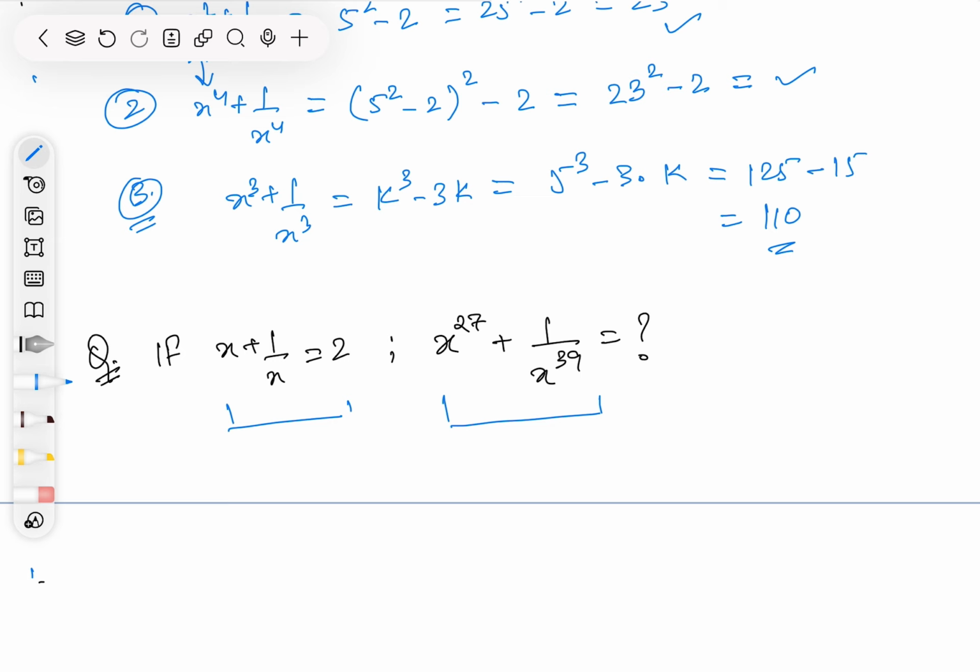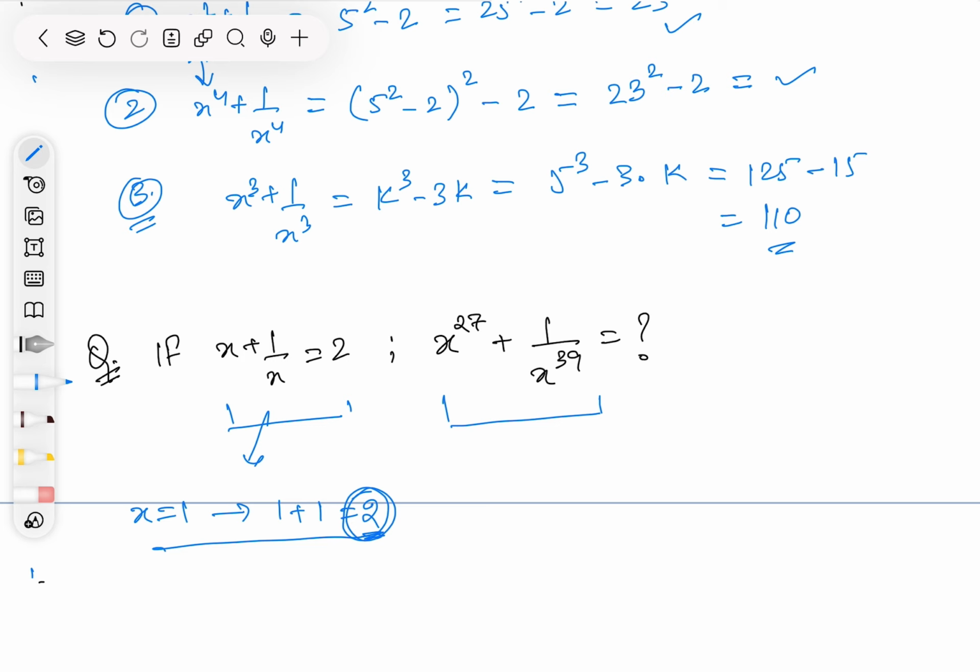Remember, when you put x equals to 1 in this, then only it is possible that you get 2 as a result. Only then it is possible. It is never ever possible without this value that this will go to 2 for x plus 1 by x.